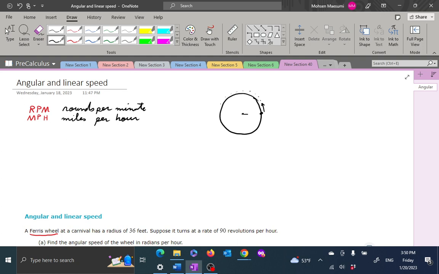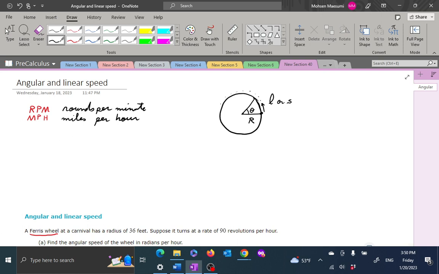You remember we had a connection between three quantities. If you have the radius of this circle, this angle, say theta, and the length of the arc in front of it, the arc length, sometimes shown by L or sometimes shown by S, these three quantities were related to each other.